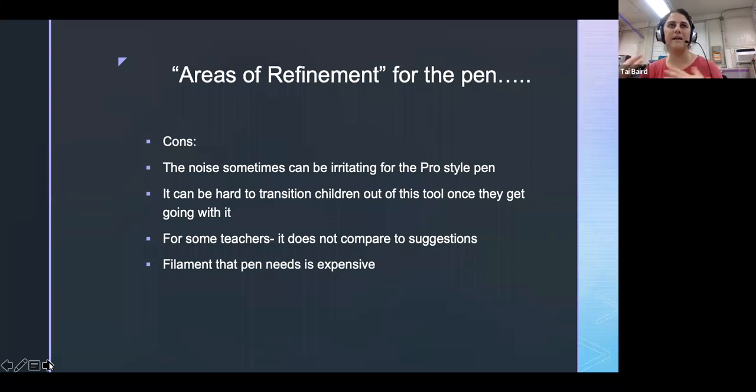It can become expensive, and whether or not your school or whoever is purchasing it has a budget to continue to afford it can also be an area of refinement, or, as one of my colleagues says, an area or a need that you want to fill, just like the ink in a printer. You want to try to have all your resources and all of what you need before you get started, or before you run out of other supports for it.